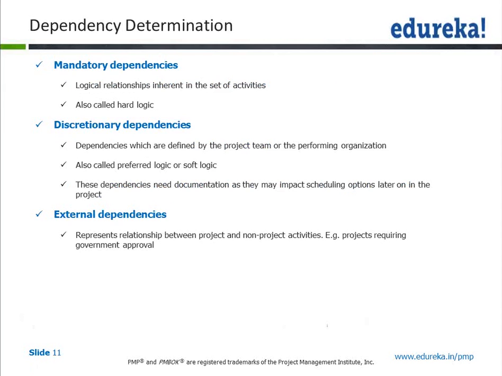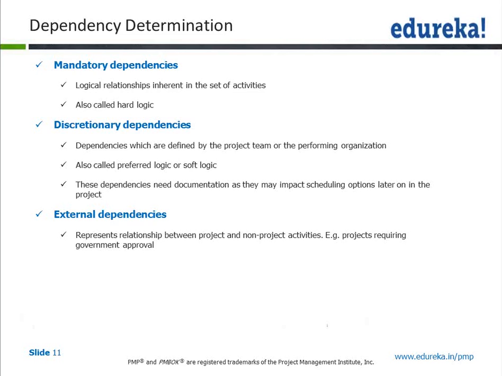Mandatory dependencies means the logical relationship inherent in the set of activities, also called hard logic, which for example, you have to get the primer dry before you paint. That is a mandatory dependency. You have to boil the water before you can pour it to make your coffee. So those are mandatory dependencies.